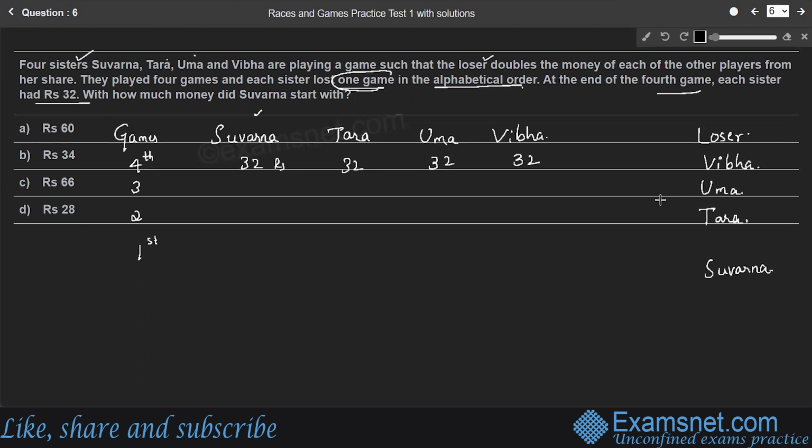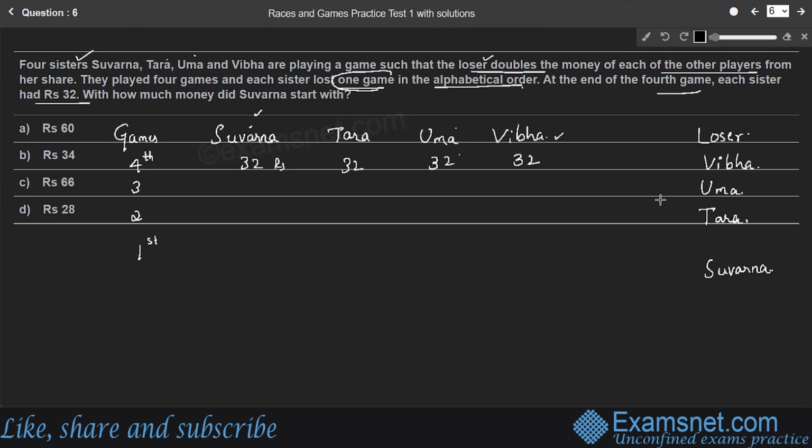So each sister lost 1 game in alphabetical order, and the loser doubles the money of each of the other players from her share. In the 4th game, Vibha is the loser, so she doubles the money of Uma, Tara and Suvarna.